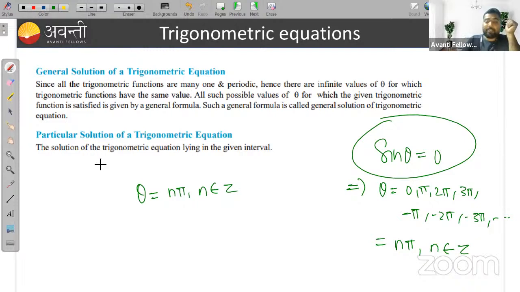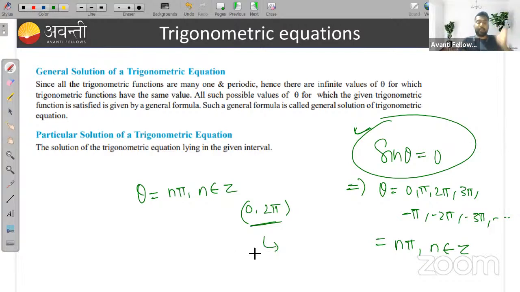A particular solution is the solution of the trigonometric equation lying in a given interval. If I ask you to find a solution of the equation sin theta is equal to 0 in the interval 0 to 2 pi, you can say pi.